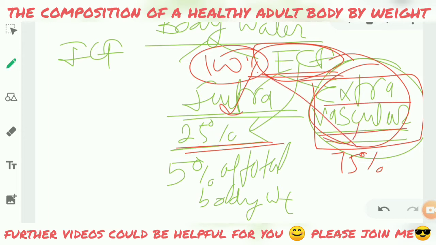So this extravascular, which is 75% of ECF, forms 15% of total body weight. Okay, 15% of total body weight is formed by extravascular and 5% of total body weight by intravascular fluid.